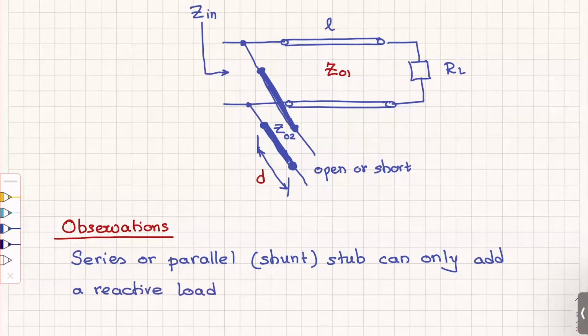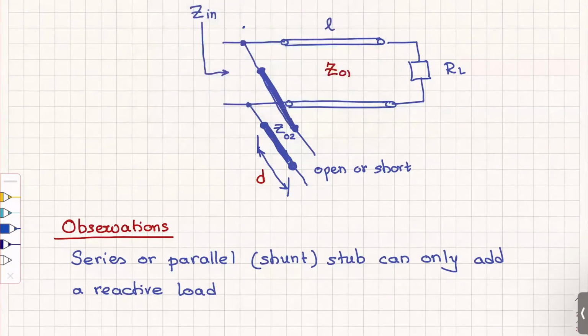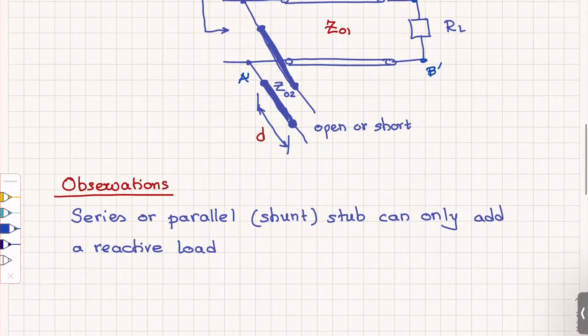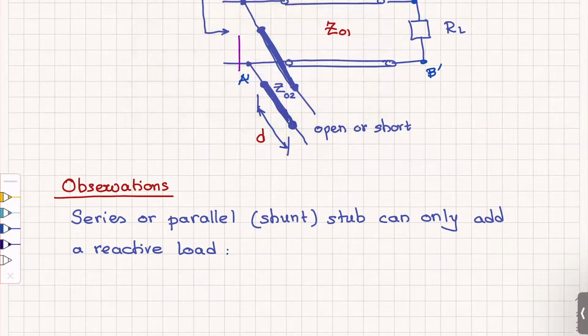What that means is that if I look inside the stub from here, let's assume that this is A prime, B prime. So if I look here to find the input impedance inside the stub from AA prime, I will call it Z stub, Z stub at AA prime.